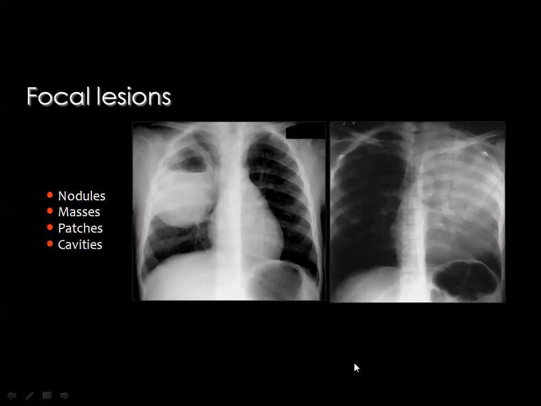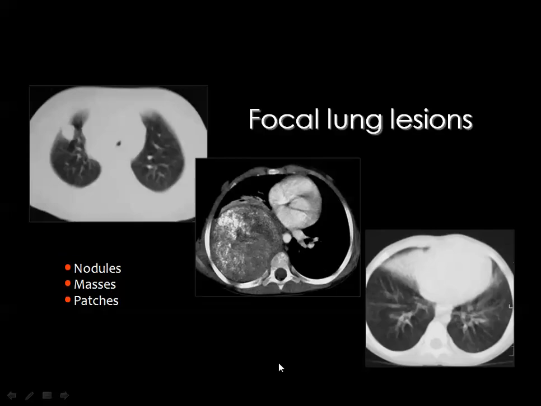And the patch is an ill-defined lesion with air bronchogram inside. And finally, the cavity, which is a well-defined lesion containing air either totally or partially. In this example, you see that the cavity is containing air fluid level, and if the cavity is totally containing air, it is also known as a cavity.